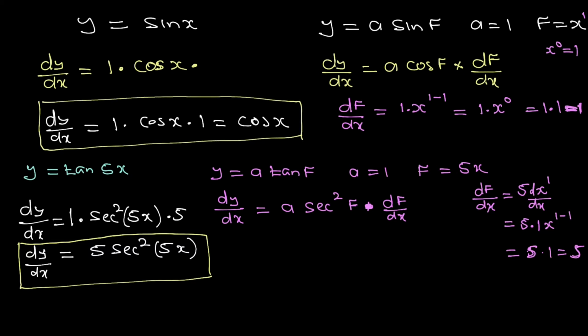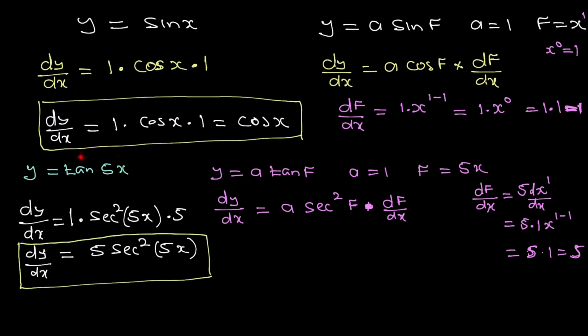For y equals sine x, basically what just happened is function of function. We do the derivative of sine x, which is cos x, times the differential of x, which is 1. And the next one, what we did above is y equals tan 5x.